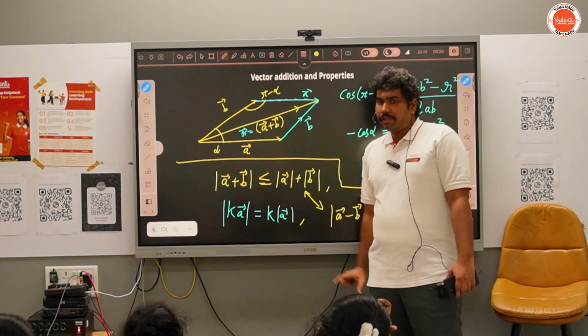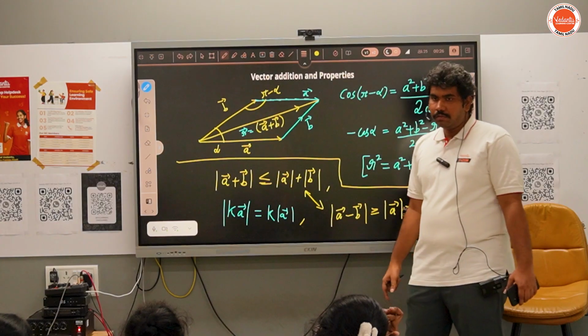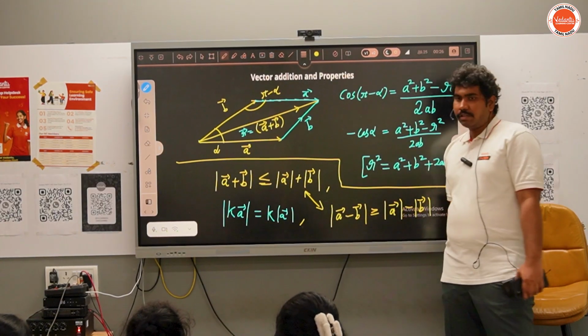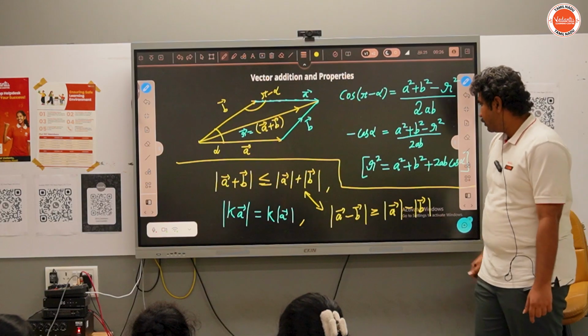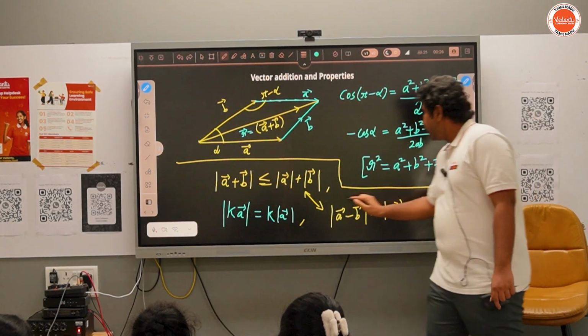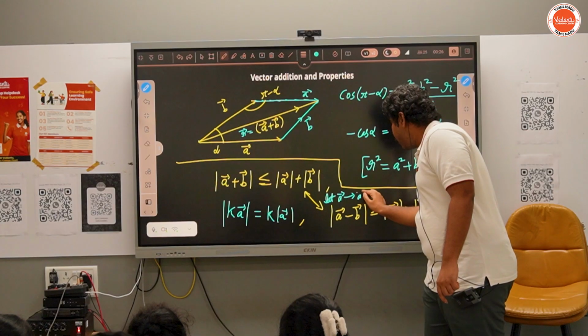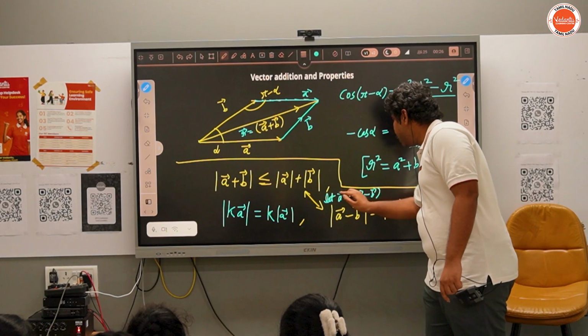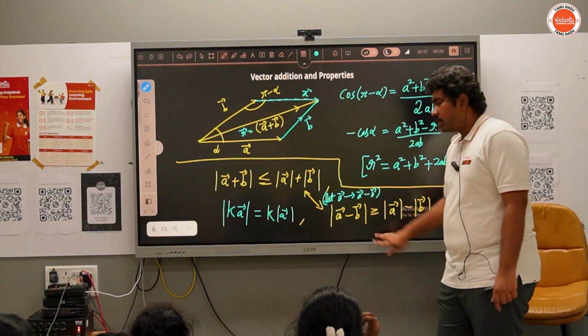You take it to the other side: modulus of a vector minus b vector is less than or equal to modulus of a minus b. So if you let a vector be a vector minus b vector in the above result, you will get this.